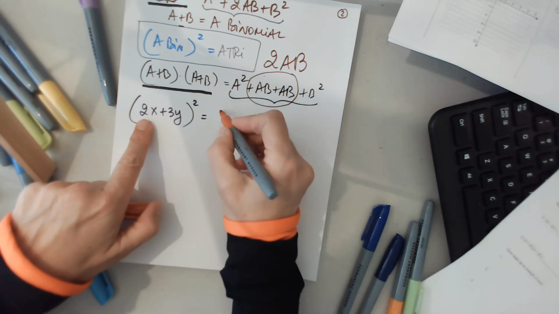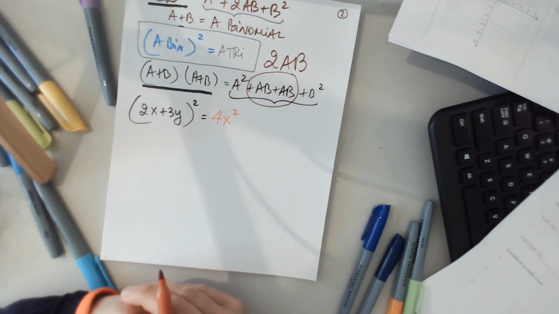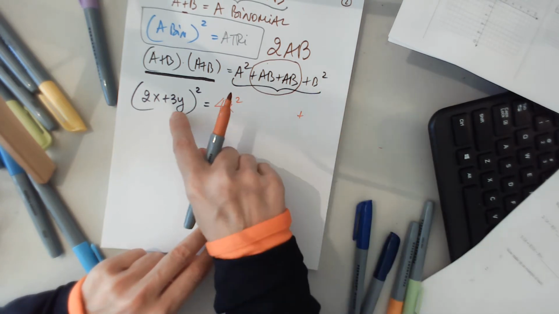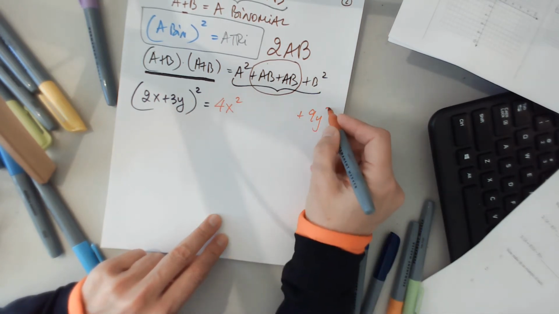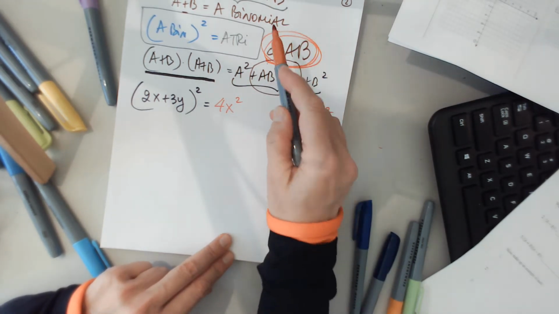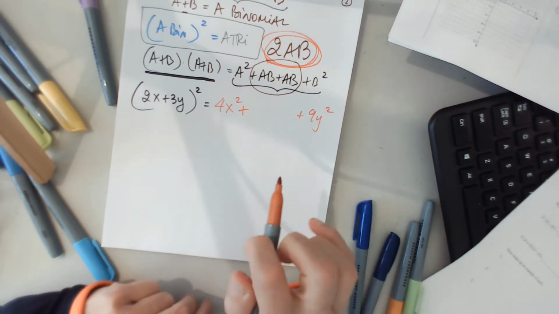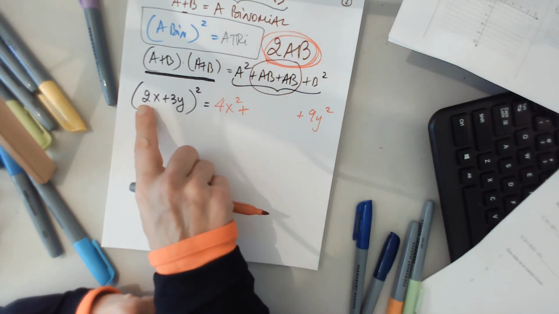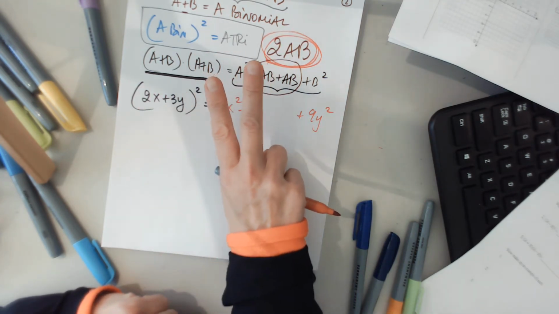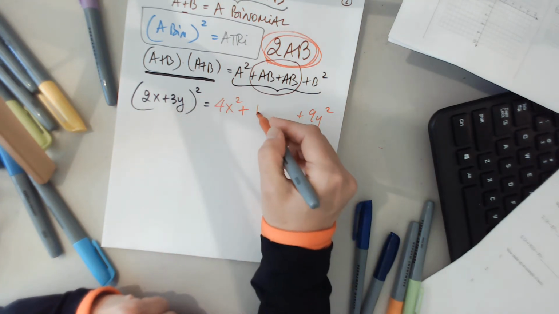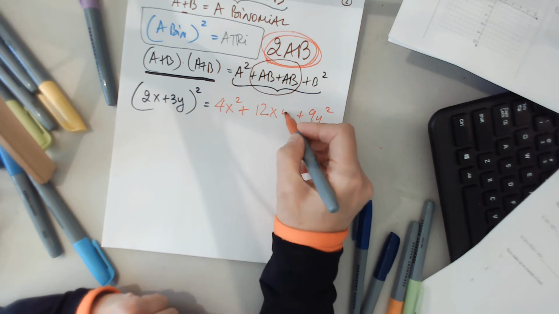When I square this, I get 4x squared. It also tells me to square the last term. No problem. 9y squared. And it tells me that in the middle, I have to have twice this product. So 2 times 2 times 3 is 12xy.